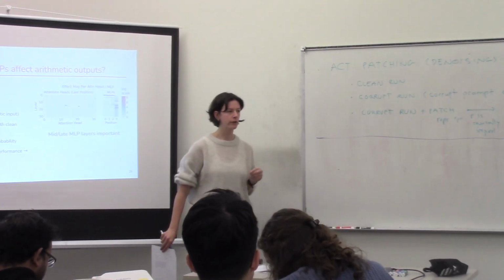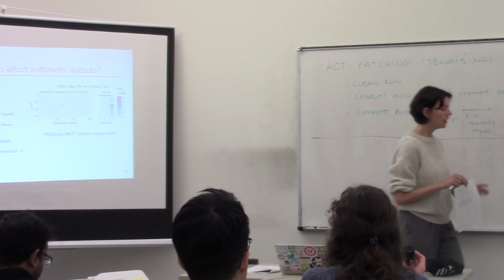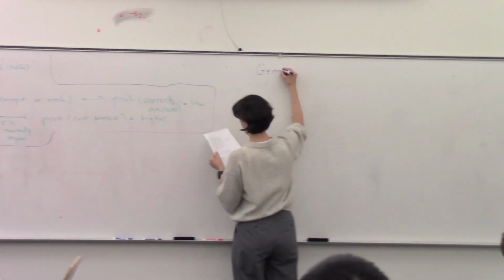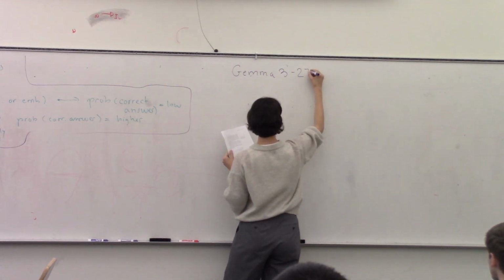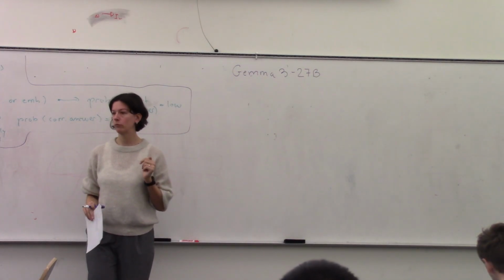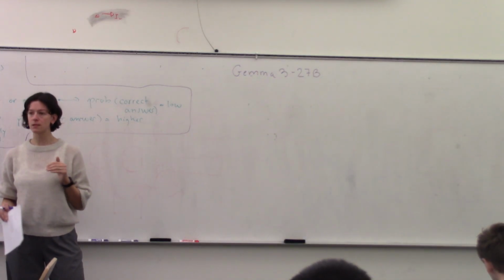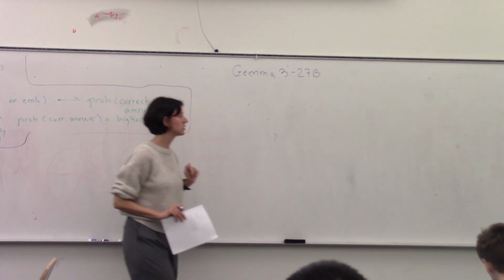So I welcome you all to think about how many forward passes we need to do activation patching, and for that we are going to use Gemma 3, 27 billion. It's one of the newer open weight models, the third version of the family of models called Gemma.